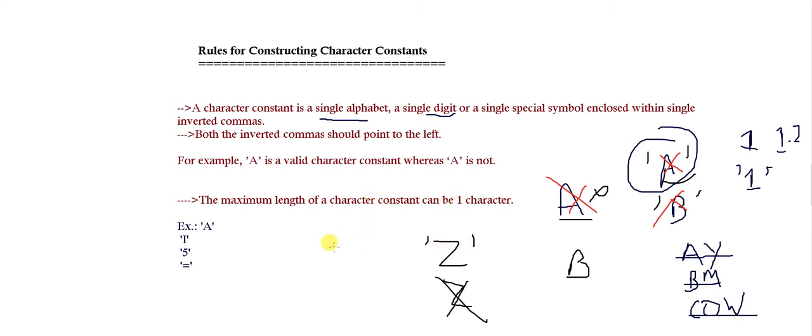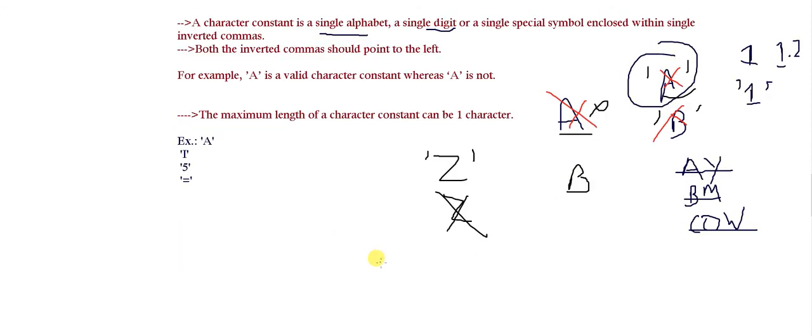But guys, you have so many symbols on your computer screen. The point I want to mention is, for example, if I'm writing A, it is a character. But when you are mentioning the inverted comma the way you generally do in your copy, it is an invalid syntax.